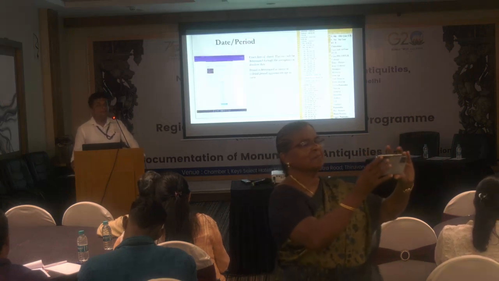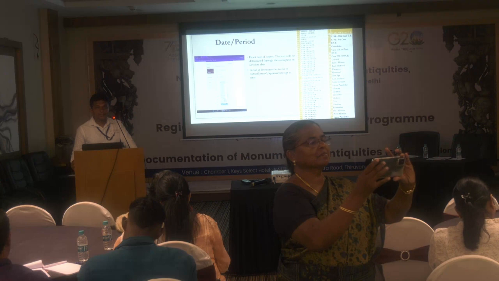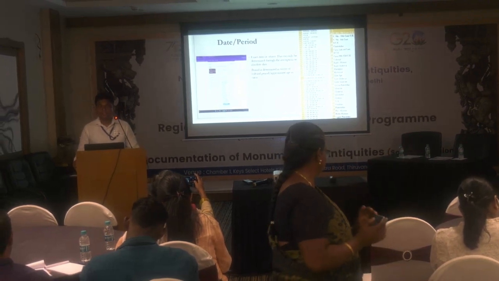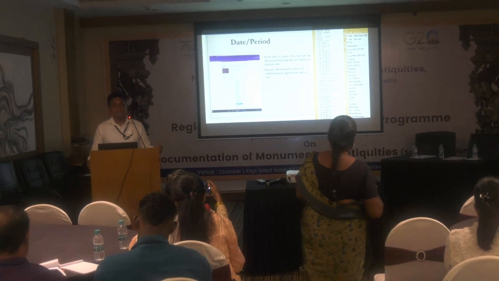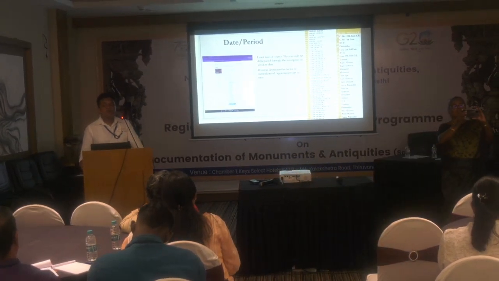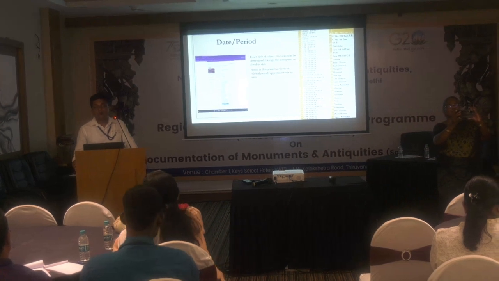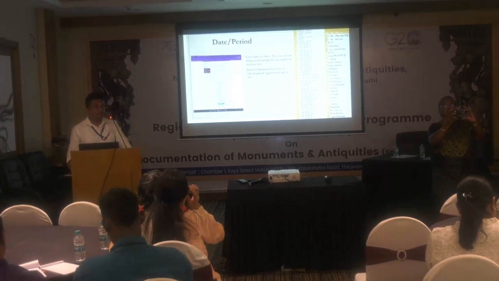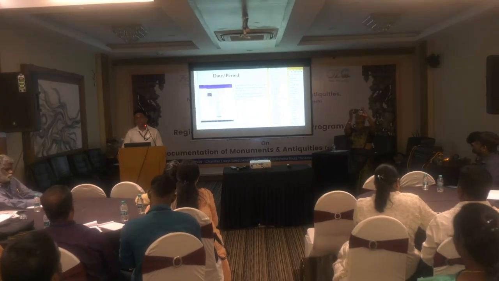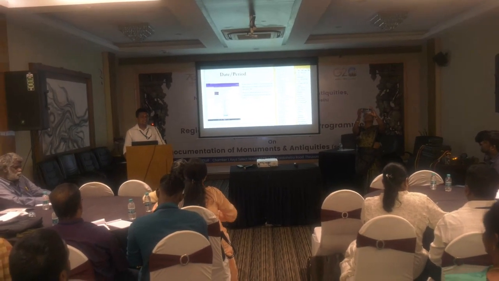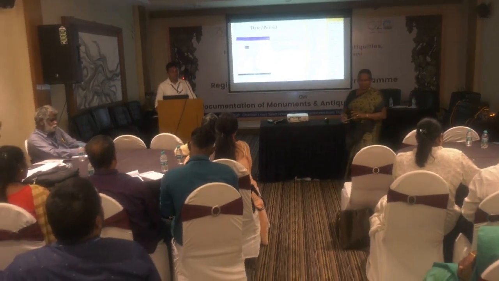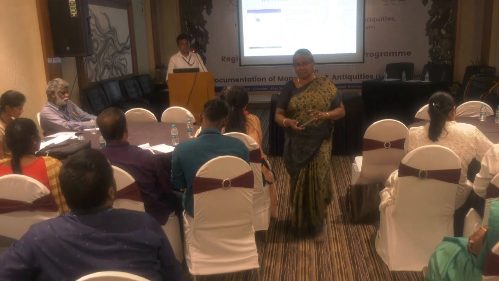Then the next parameter is date and period. In that parameter, there are two columns. The first is date and the next is period. If you know the exact date of the antiquity, for example from carbon dating or inscriptional dating, we mention it in the date column. But if we don't know the exact or absolute date of a particular antiquity, we mention it in the period column.